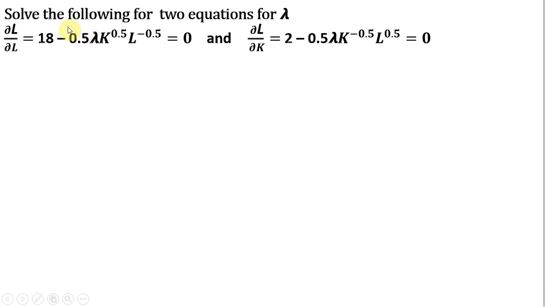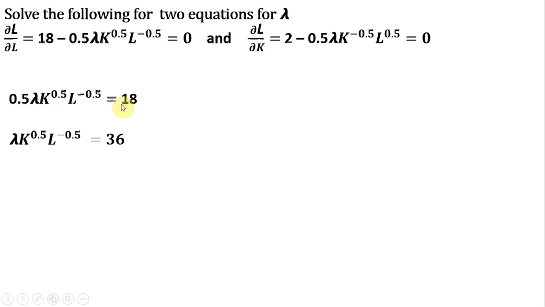Our next step, we want to solve the following two equations for lambda. So our first two partial derivative results, what I like to do is simplify them down and solve them for lambda. Starting with the partial derivative of the Lagrangian with respect to units of labor, just moving the 18 over to one side gives us this result.